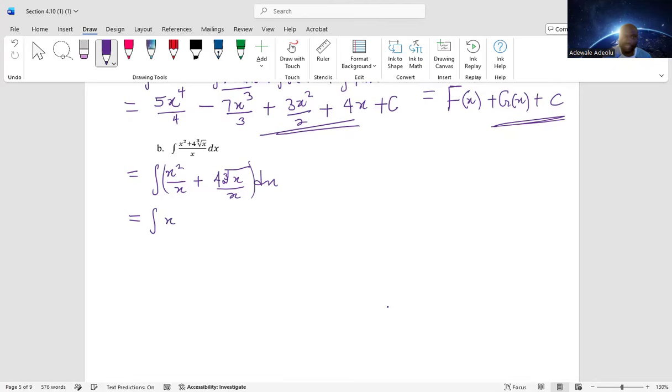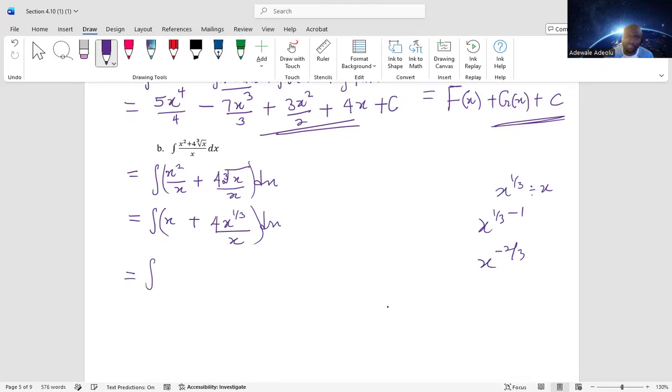We can say this is x plus 4x raised to power 1 over 3, remember that is the cube root, divided by x, dx. So x to the 1 over 3 divided by x is x to the 1 over 3 minus 1. So that is x raised to power negative 2 over 3.